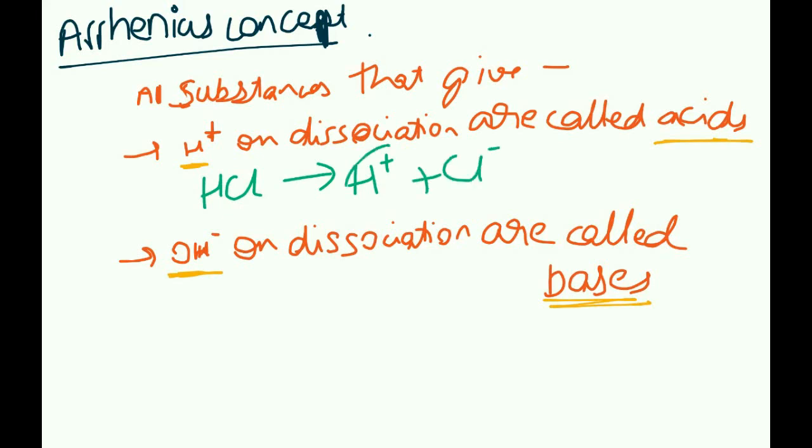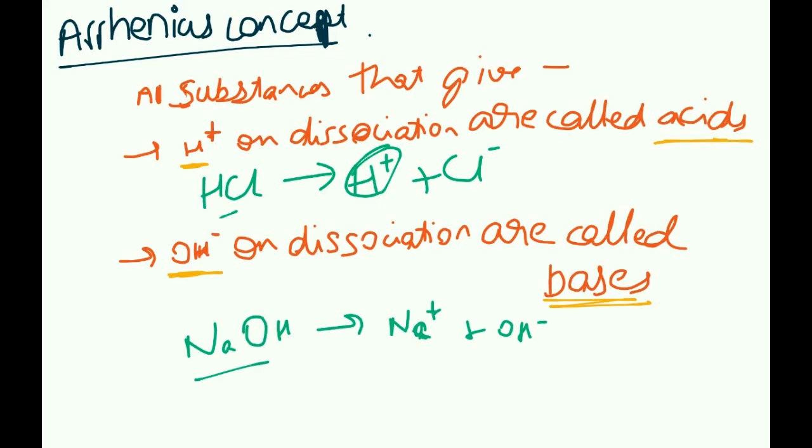So here this gives me H plus, so that's an acid. Similarly, I take say NaOH for a base, and when I dissociate it, I get Na plus and OH minus. So this is a base and this is an acid. So that's how the Arrhenius concept works.